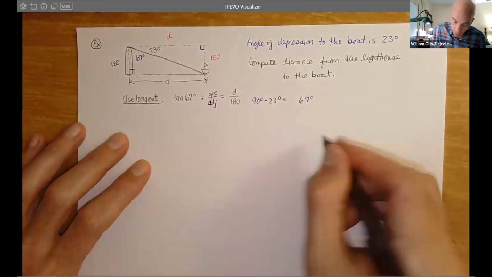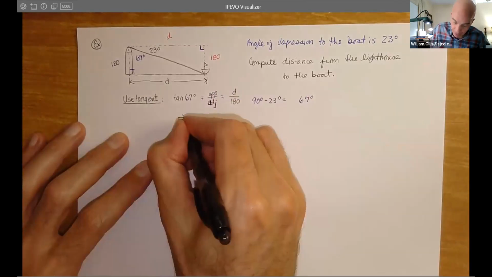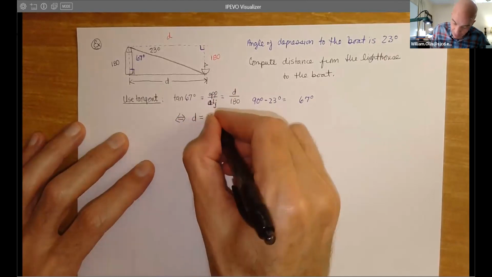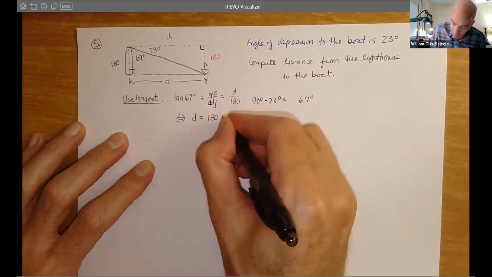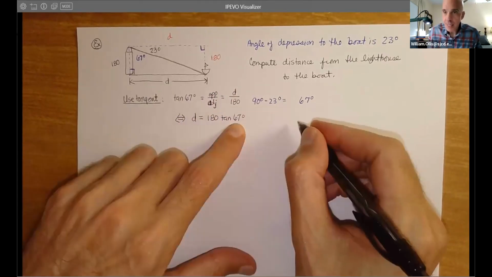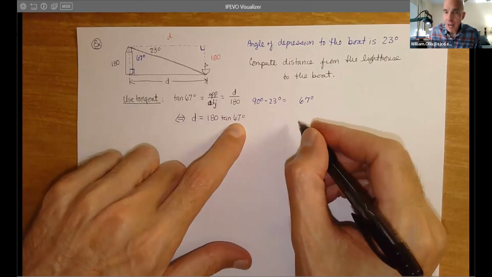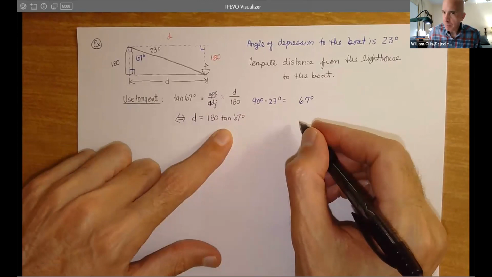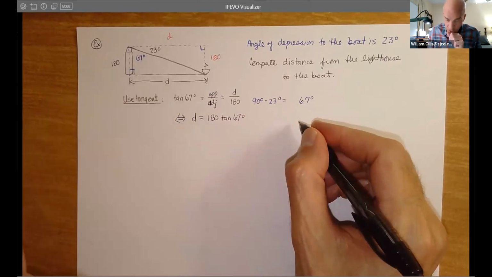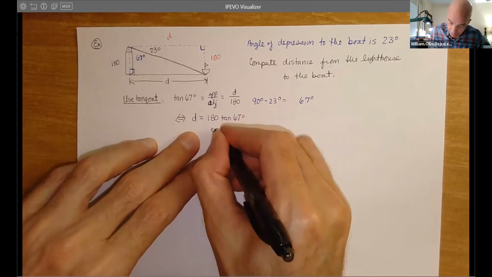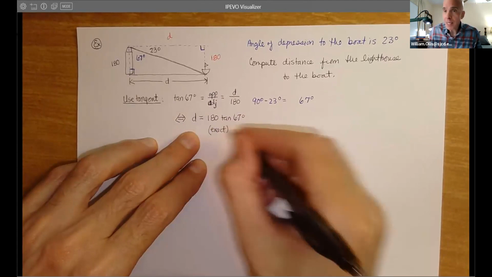And so now, if and only if, the distance D would just be 180 times the tangent of 67 degrees. Now, of course, you could just go ahead and convert the 67 degrees to radians, but our Google calculator will do that conversion for you when you need it. At this point, this is exact, but that's not the most user-friendly angle.